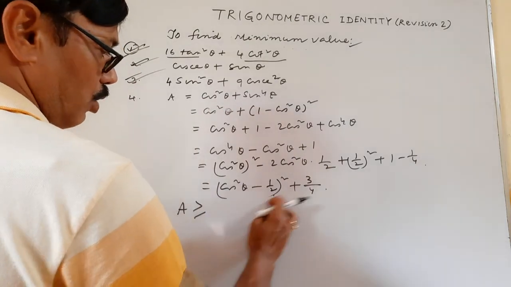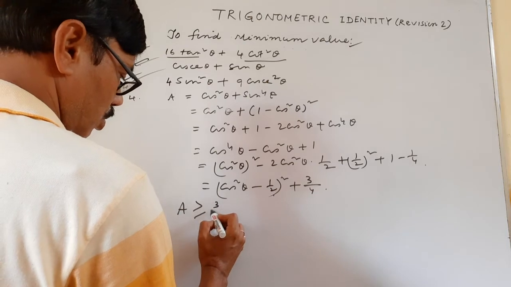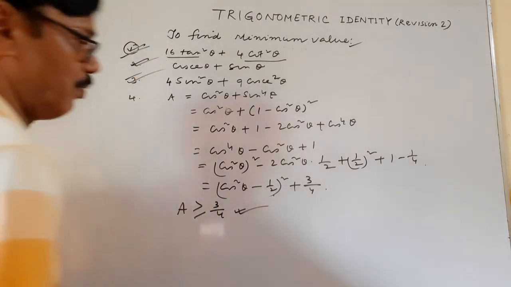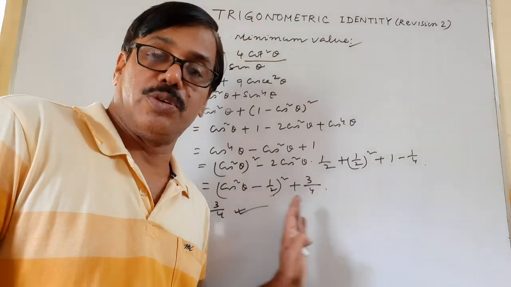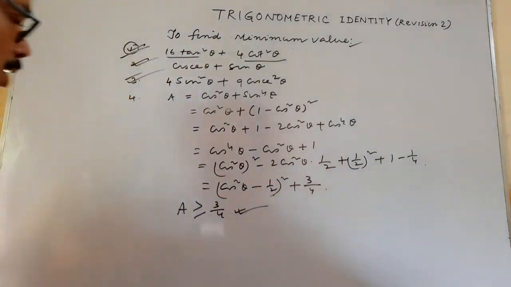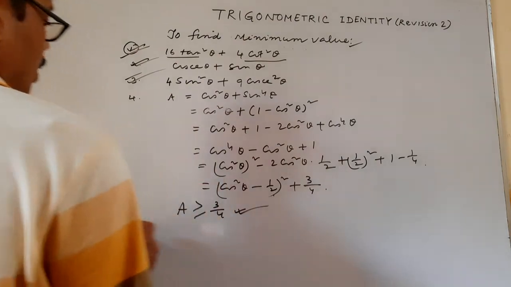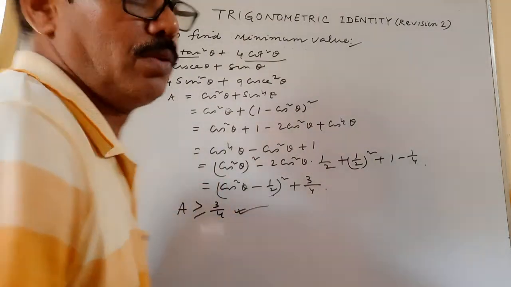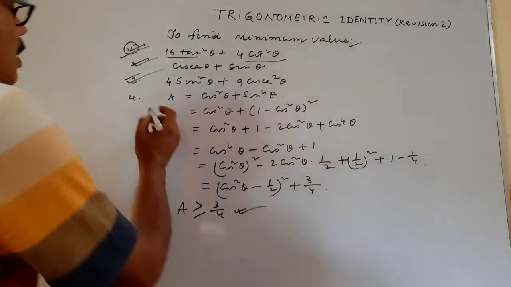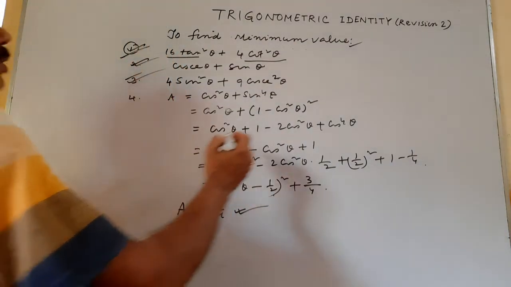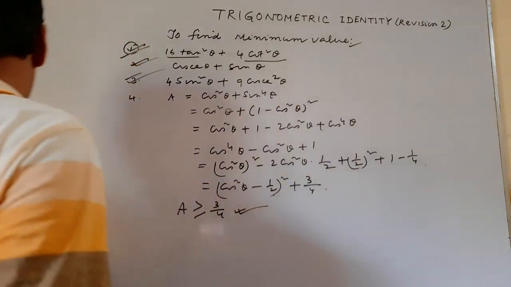So if it is 0, then the value is 3 by 4. So this is greater than or equal to 3 by 4. For 0, you get the minimum value. So the minimum value is 3 by 4. What is the minimum value? 3 by 4.